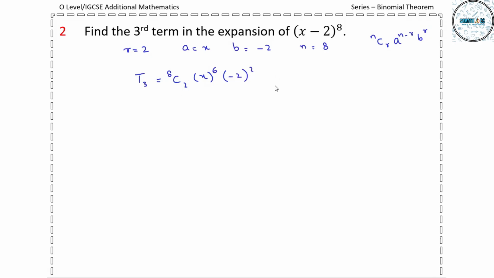The value of 8C2 is 28, x^6 is x^6, and (-2)^2 is 4. So finally, the result is 112x^6. Whenever we have to find any specific term in any expansion, we take the value of r as 1 less than the term number.